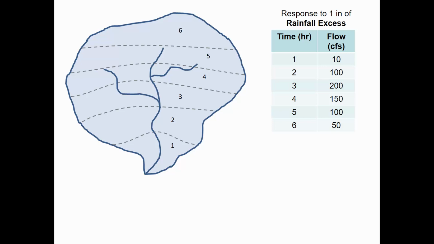If raindrops fall in Area 2, then it's going to take some time before it gets to the outlet, because anything that falls in Area 2 has to travel down through Area 1 before it gets to the outlet. So then Area 3, you can see, is even further away, and so on and so forth. So the rainfall, this 1 inch, all happens in the watershed from time 0 until time 1.